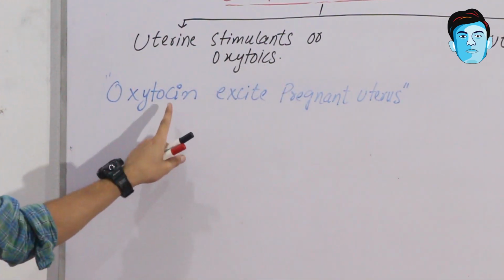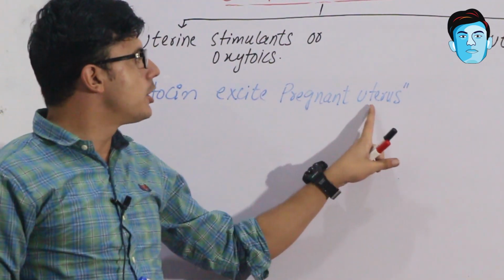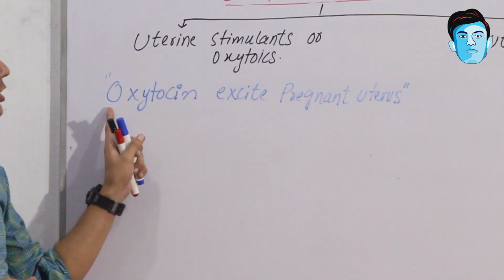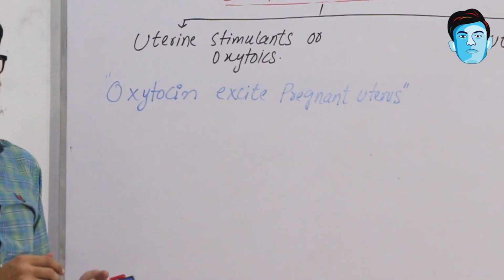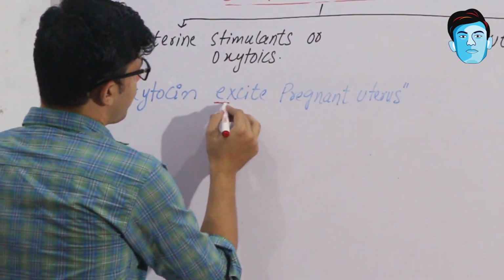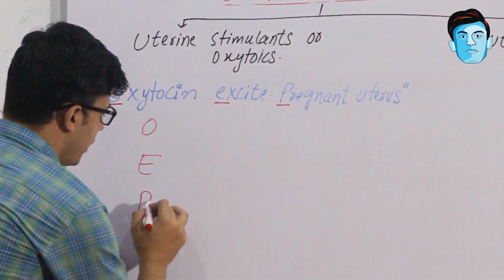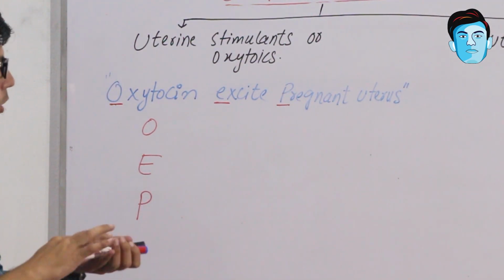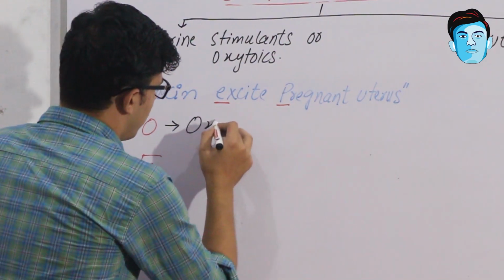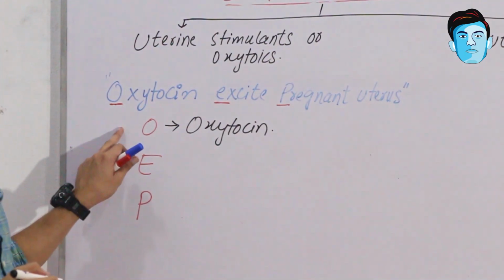So what is the trick to recall the drugs that come under the class of uterine stimulants? The trick is: oxytocin excite pregnant uterus. We focus on the initial letters of each word, that is O, E and P. O stands for oxytocin.